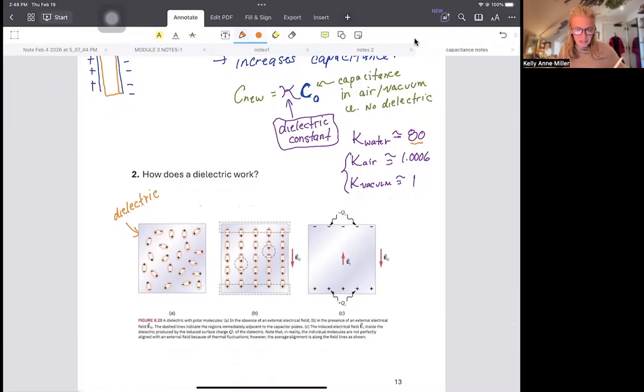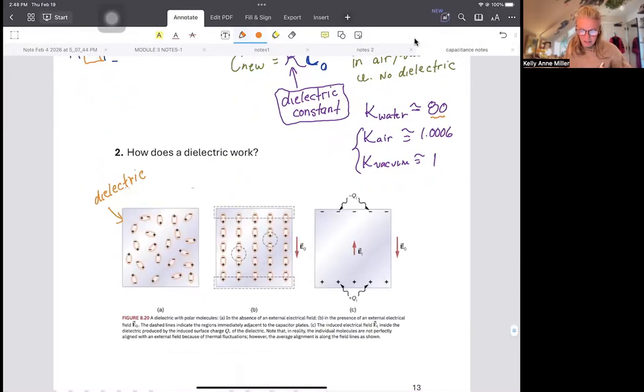Okay, so this is an insulating material in the absence of an external electric field. And you can see that it's got these dipoles that are not aligned in any way, right? They're chaotically organized. There's no alignment of the molecules within this insulating material.